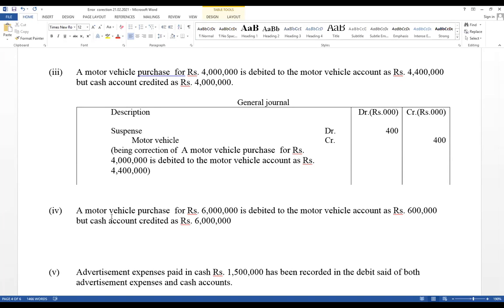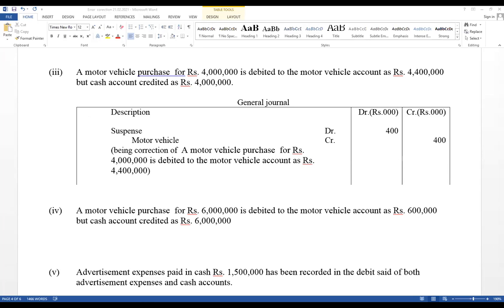Motor vehicle purchase of 6,000 is debited to the motor vehicle account as 600, but the cash account is credited 6,000. The motor vehicle account should be debited 6,000, but was debited 600. Therefore, for the difference value, motor vehicle account debit and suspense account credit. The difference value is 5,400.